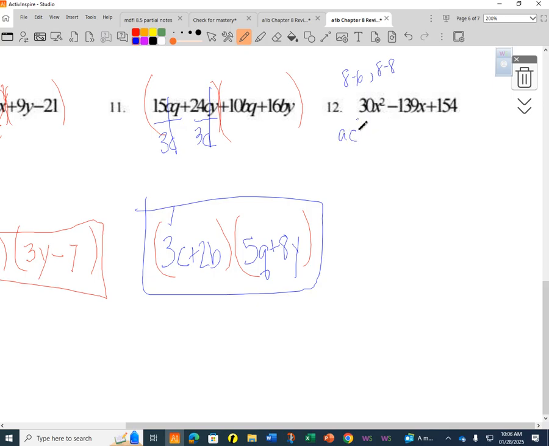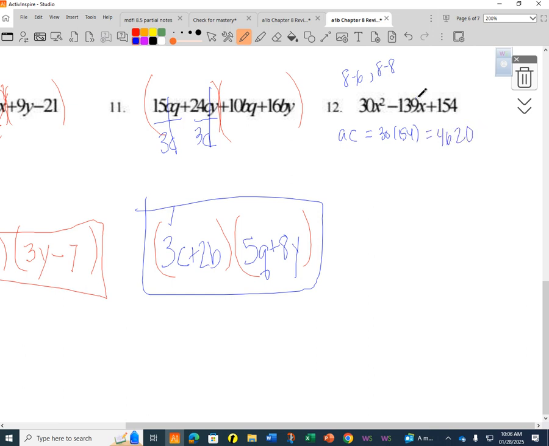So we've got to do that ugly. This one's huge. Normally I don't mind these at all, but I always hate to find the factors of really big numbers, but it's okay. A times C. What are A and C here, Akira? 30 and 154. You're exactly right. So we're going to multiply that. 4620.